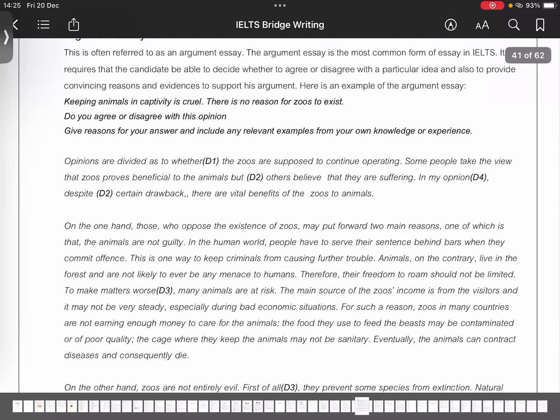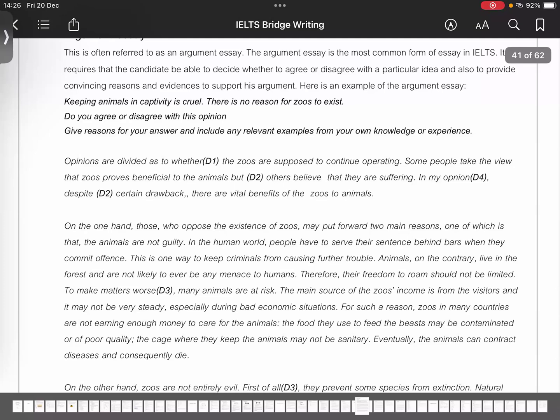Okay, and then it says some people take the view the zoo prove beneficial to the animals, but others believe that they are suffering. All right. Okay, so these two statements serve to tell you different opinions or different points of view.